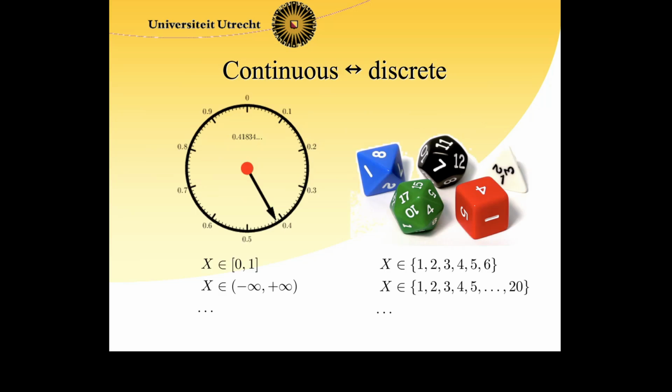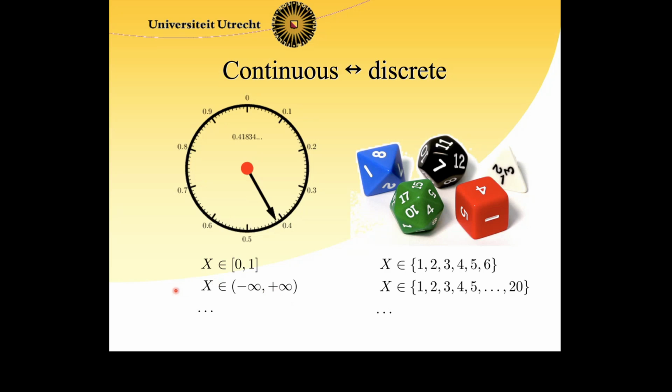Now, random variables can be either continuous or discrete. For instance, looking here, if this is the wheel of fortune, it can have any value between 0 and 1, any random value.